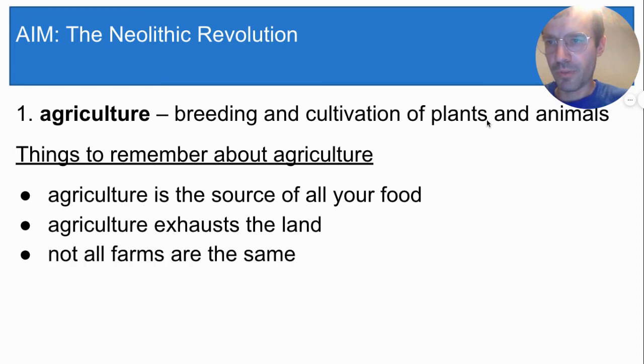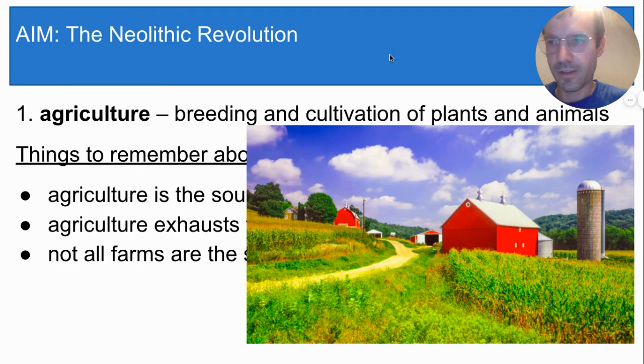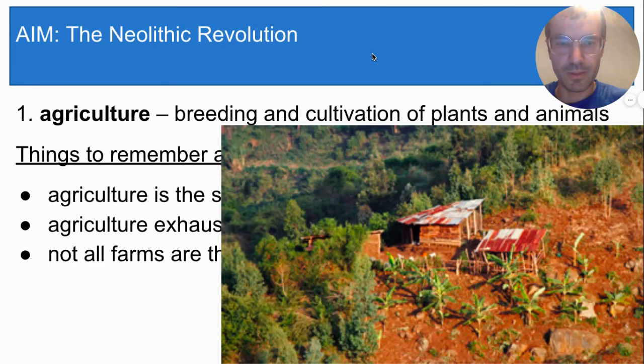Lastly, it's important to remember that not all farms are the same. People who have never been on a farm tend to think that farms look something like this, but in reality, most farms don't look like that. In poorer countries that make up most of the world, a farm is more likely to be small, maybe something like that, where the farmer is just growing enough food for a single family.